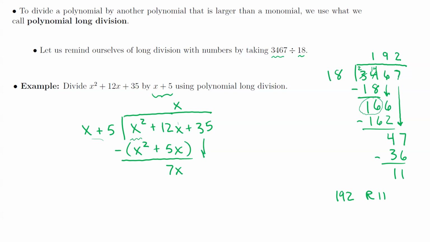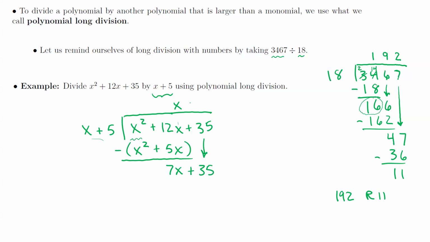So what we're going to do with this division is we're going to drop the next term. All right. And again, I'm not going to pay attention to the plus 5, not pay attention to plus 35. I'm just going to ask myself, what times x would give me 7x?